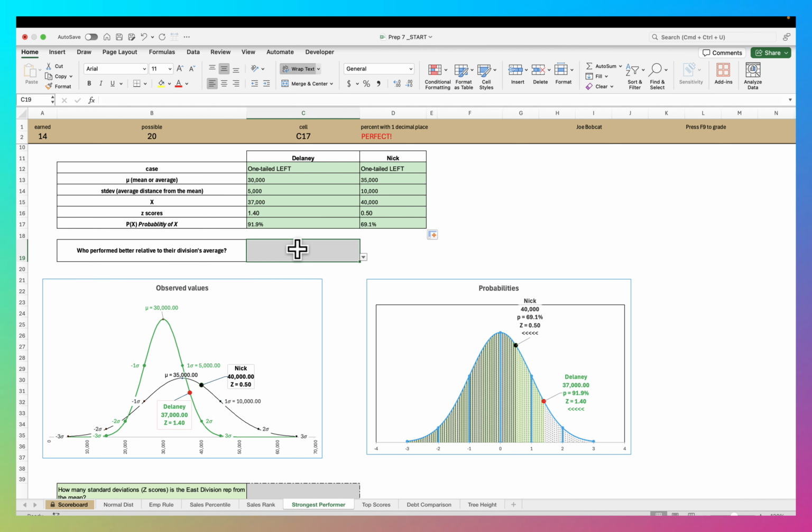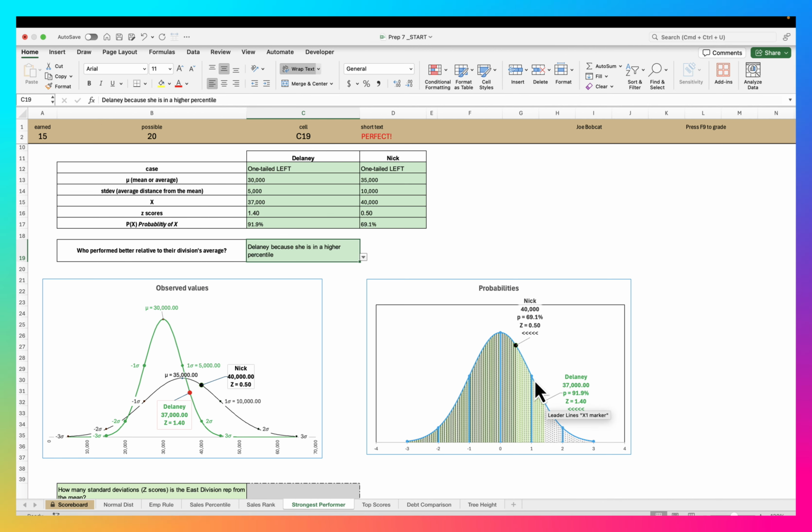So who performed better relative to their division's average? It would be Delaney, because she's in a higher percentile. You can see that over here, right? Here's Delaney, here's Nick. It's a little bit harder to see when it's all raw scores, though you can kind of see it from here, but it's much clearer here when you're doing a comparison, because now both sets of raw scores have been standardized based upon their z-scores.